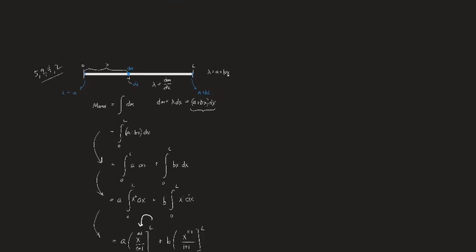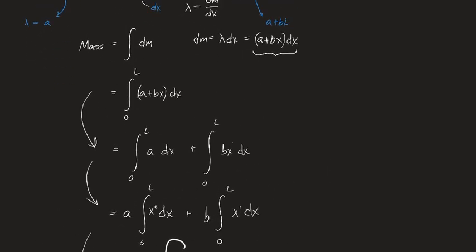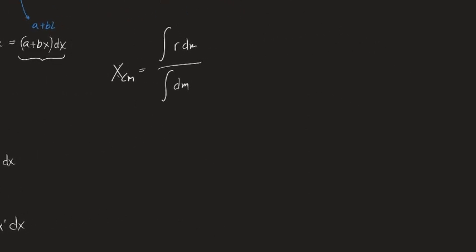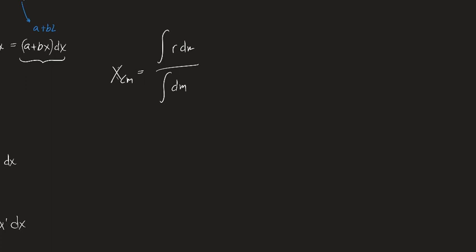We need that to actually find the center of mass, because x CM is the integral of r dm over the integral of dm. We just did the bottom part of that. We've got to do the top part now. So let's do the top part, which is going to be the integral of x dm. r is a placeholder for displacement from your reference point.